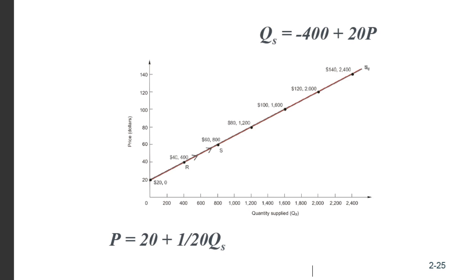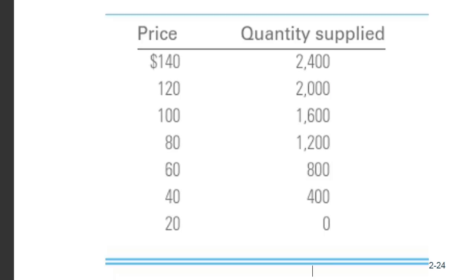And because of this, we could go with this 0 here. So this is the intercept of 20. So this is the intercept here for quantity supplied, remembering P is the vertical. So this is the y-intercept for x equals 0.